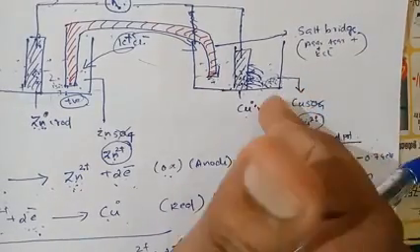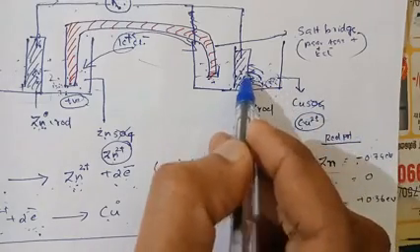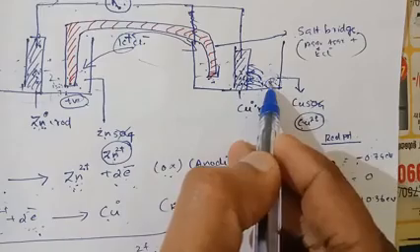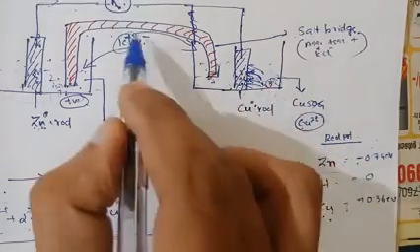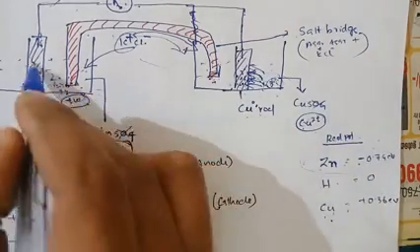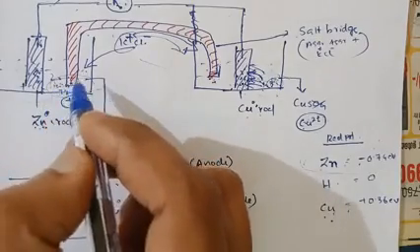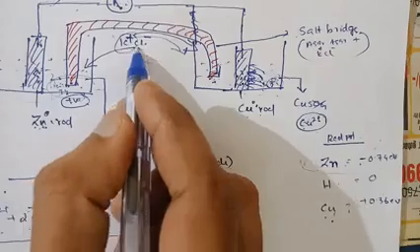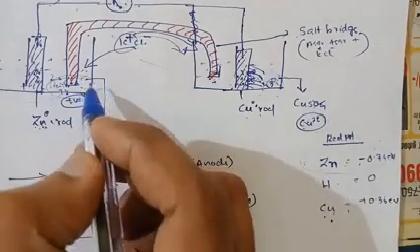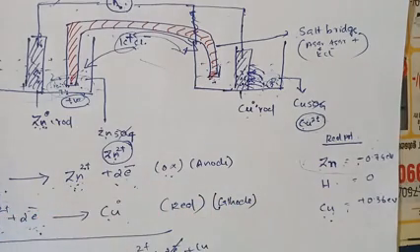Positive charge is reducing here, so we have to increase the positive charge in this electrolyte. To increase the positive charge, K+ will help. Similarly, here zinc is converting into Zn2+, so positive charge is increasing. We have to reduce the positive charge to balance, so Cl- will enter here to reduce the positive charge. I think it's clear for you.